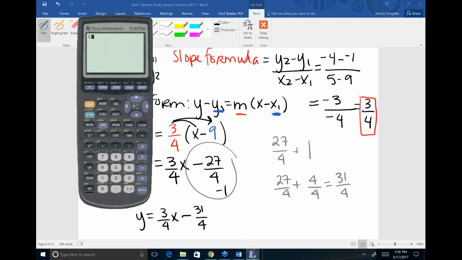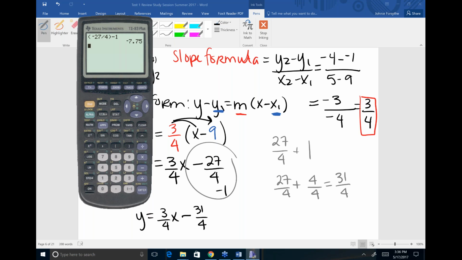So parentheses, negative 27 divided by 4, close parentheses, minus 1. If I press enter, that's going to give me a decimal. Well, I don't want a decimal. And there are going to be a lot of multiple choice questions on here, so if your answer does not have decimals, you don't want to look for that, obviously.